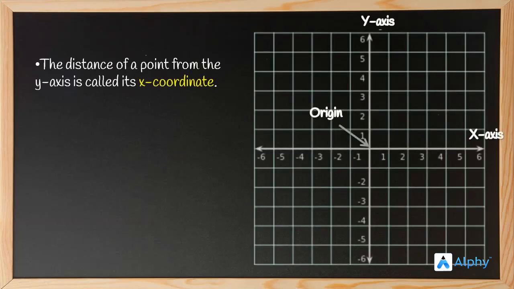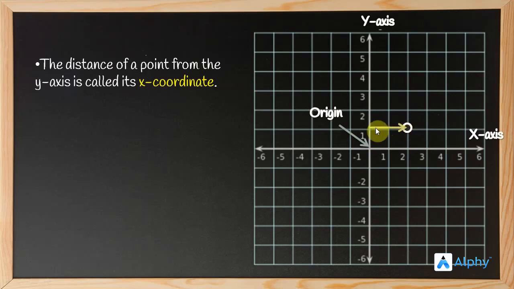So, here we again have the same coordinate plane with x-axis, y-axis and the origin labeled. Now, this time we have taken a point 2, 1. We always see the distance on the x-axis before the y-axis.